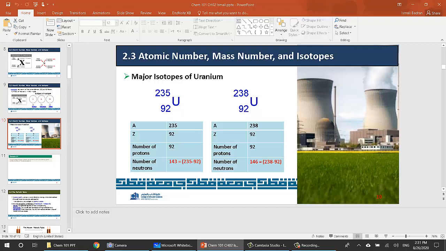They both have an atomic number of 92. It's impossible to have 91 or 93, because that would be another element. So the atomic number does not change between isotopes.